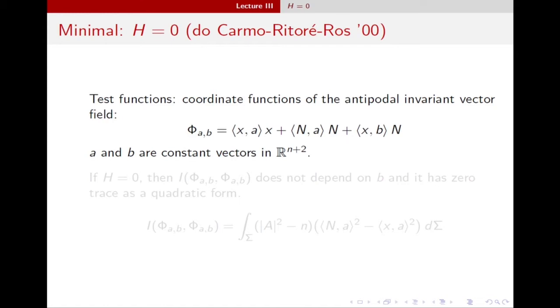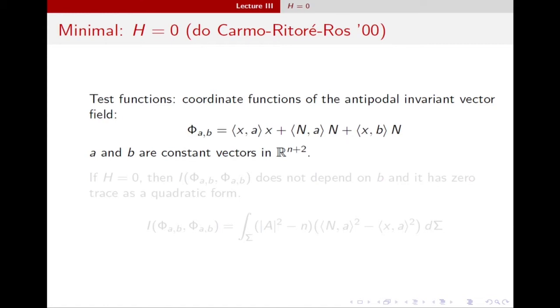That's very important. So what we want to do is to take coordinate functions for this vector field and use it in the stability inequality, right? And then you need to explain why we can do that, right?